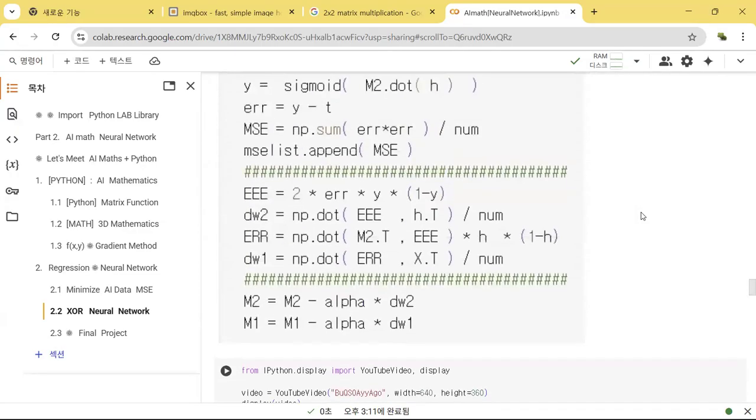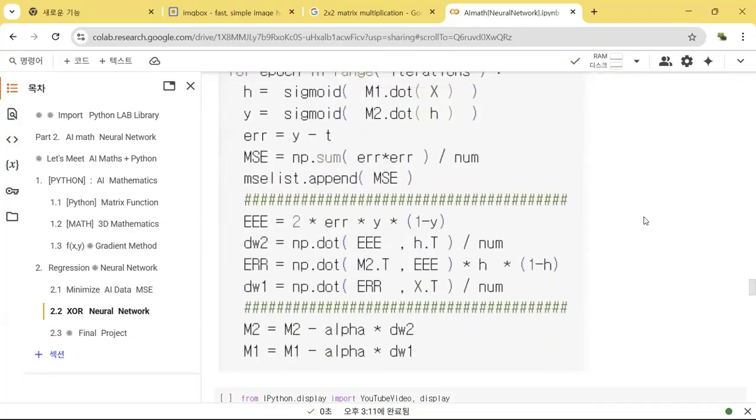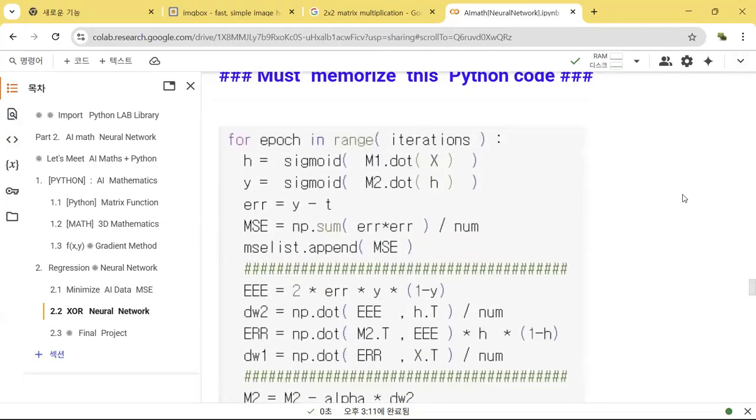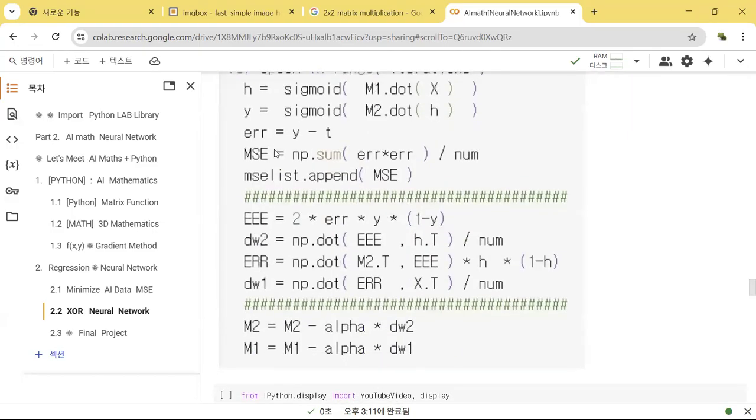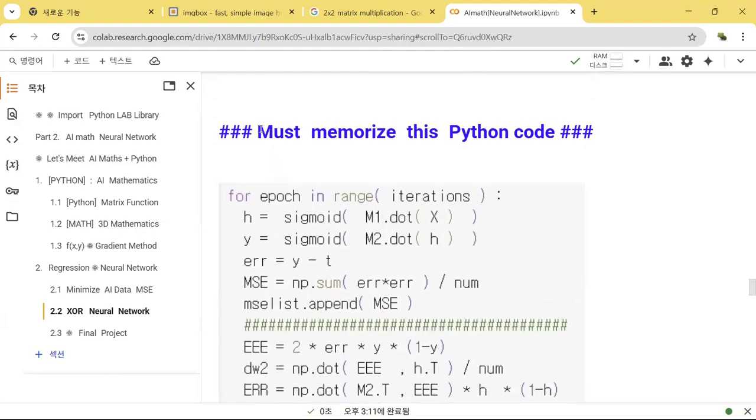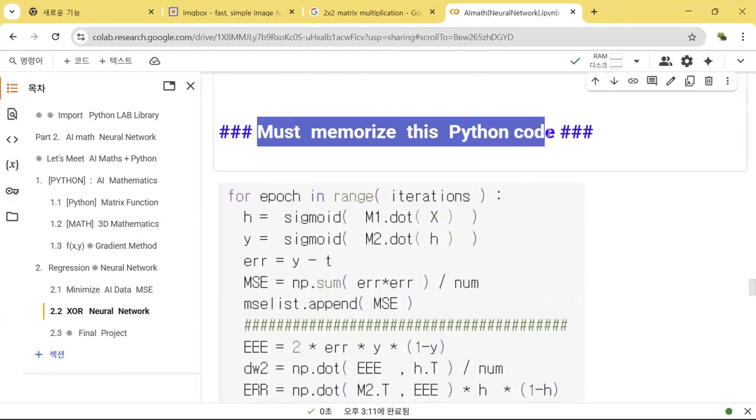Okay. On next Monday, there will be a quiz. The quiz problem is to memorize this code. Okay. You must memorize this Python code. I already sent this one using WhatsApp.